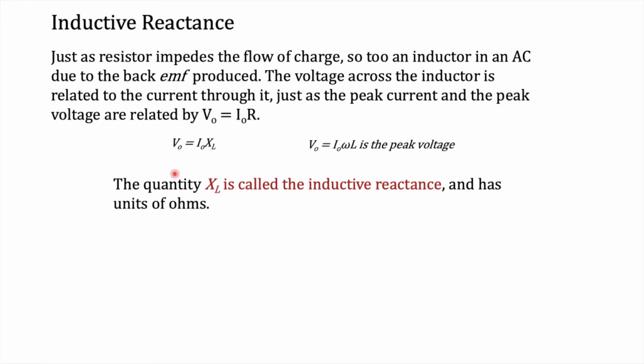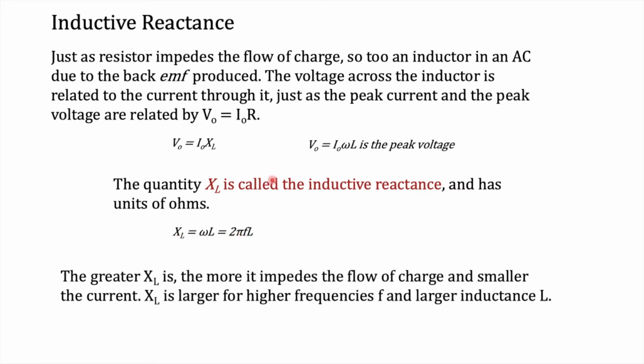from this equation, and this quantity here, XL, is called the inductive reactance, and XL from the previous slide we can write as omega L, and omega we can replace, that's angular frequency, F is the linear frequency, they have a relationship, omega equals 2 pi F, hence XL equals 2 pi FL.